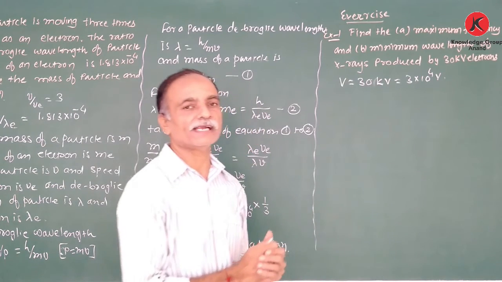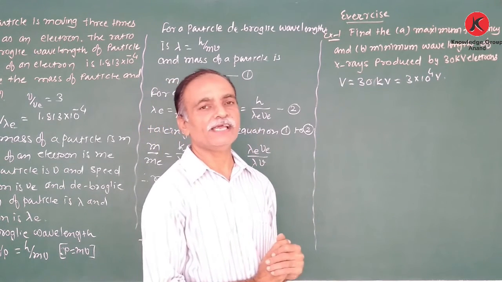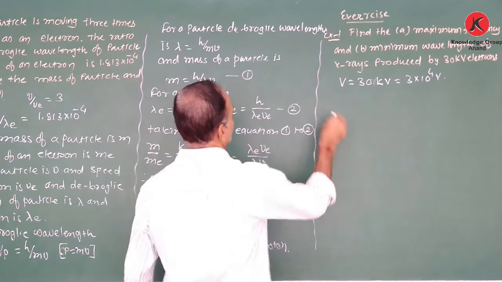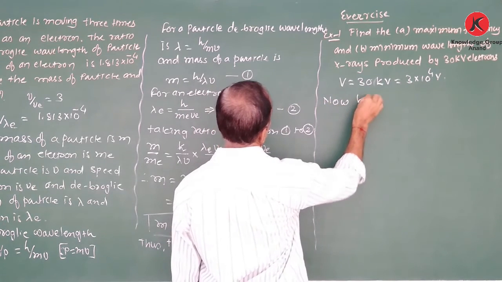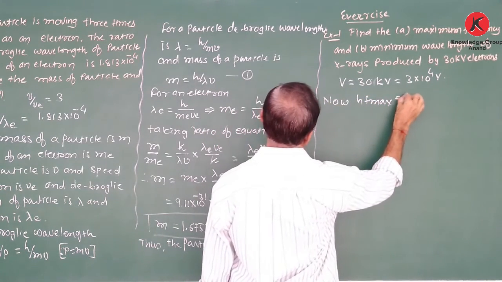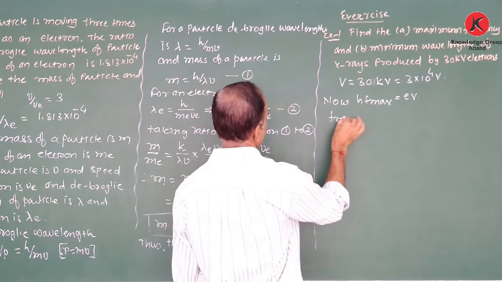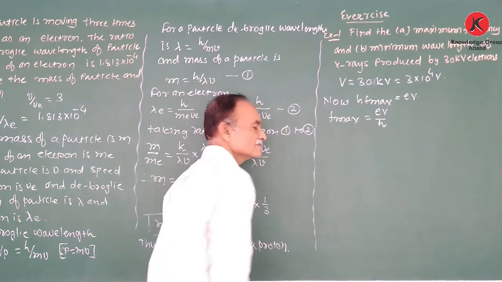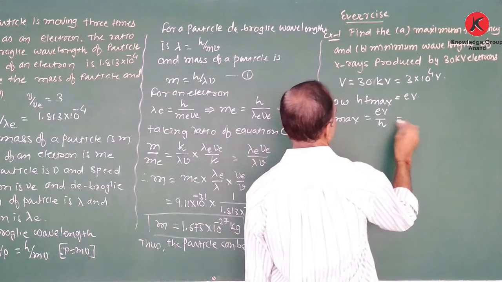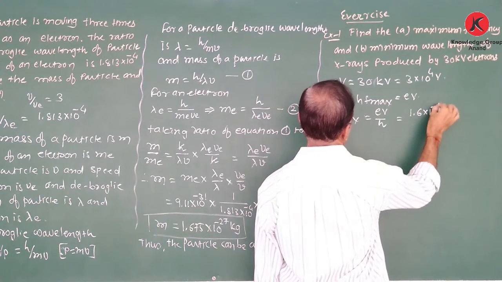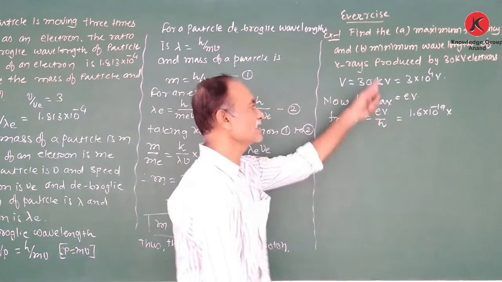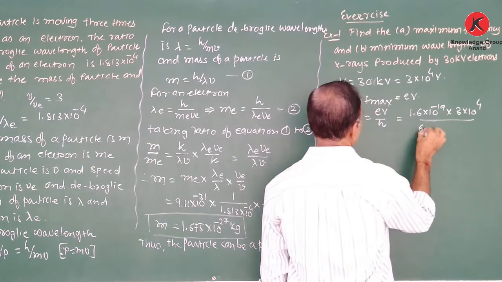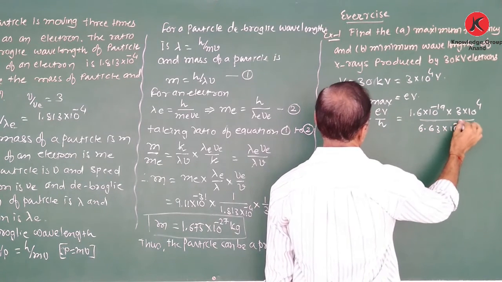Already in the theory of the photoelectric effect, we know that h f maximum is equal to eV. Therefore, f maximum is equal to eV upon h. Here e is the charge of an electron, 1.6 into 10 raised to minus 19, the voltage given is 3 into 10 raised to 4, and h is Planck's constant, 6.63 into 10 raised to minus 34.